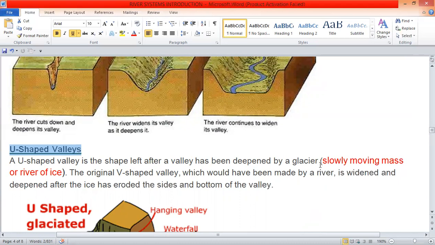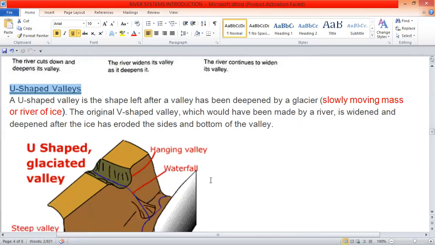What do we mean by glacier? A slowly moving mass or river of ice. So the original V-shaped valley, which would have been made by a river, is widened and deepened after the ice has eroded the sides of the bottom of the river.